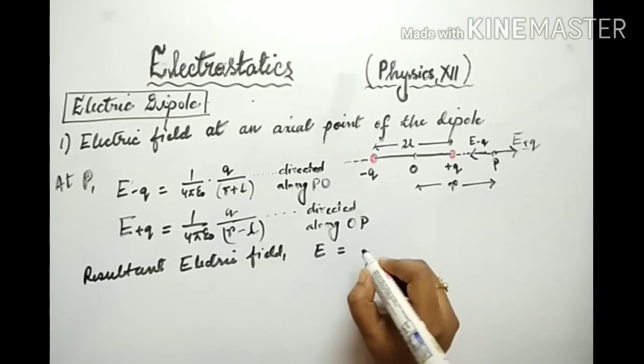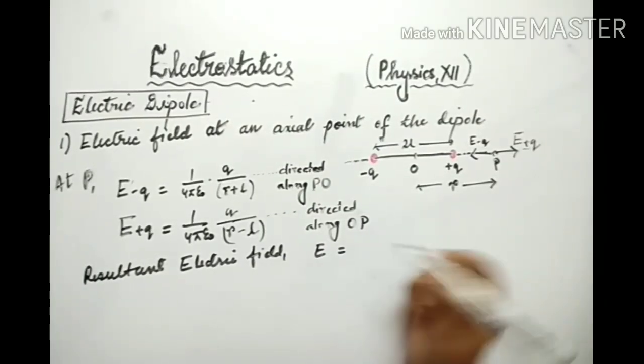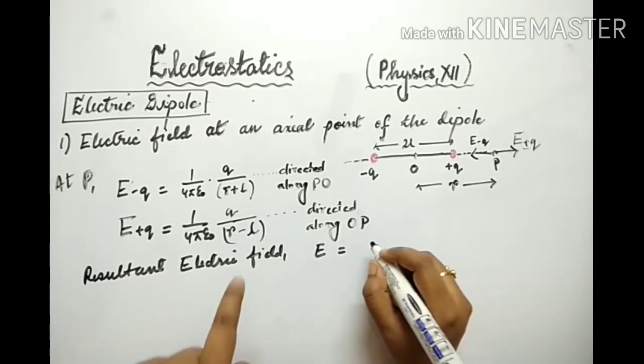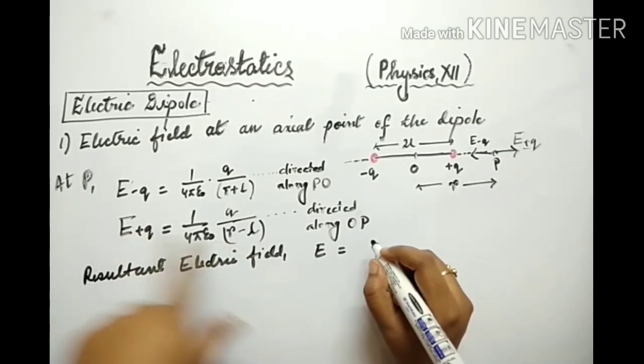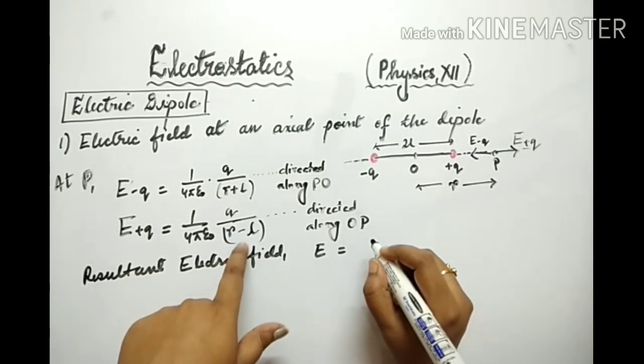Now how can we find the resultant electric field? Which one is of larger magnitude? This one is of larger magnitude since its denominator is small.